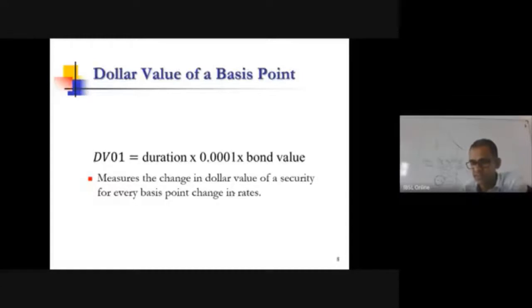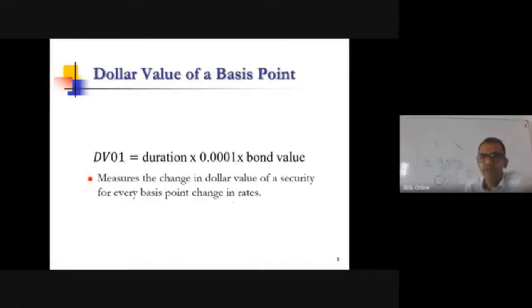Remember that as well. In the modified duration, it's for a 100 basis point change in yield and percentage change in price. Here, it is change in price, but for 1 basis point.